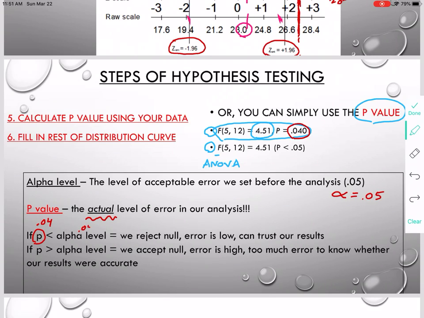The alpha level that I set was 0.05. If my actual error was lower than the acceptable error I set, error is low, we can trust our results, we reject the null.